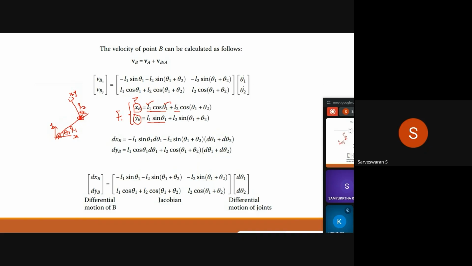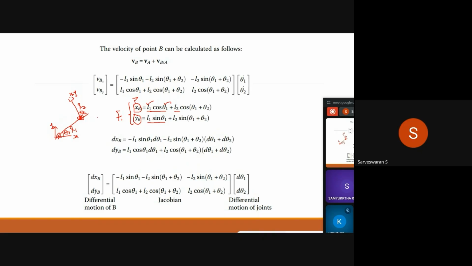This is a simple notation which is specifically for a 2 DOF planar robot, considering both the joints are revolute joints. This one is revolute joint theta 1 and this one is revolute joint theta 2. These are the positional values solved using forward kinematics.